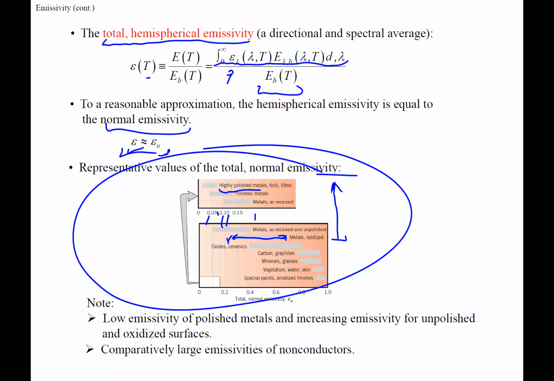The surface roughness and what it looks like there has a big play in your emissivity. And then we have some other materials like ceramics. We have special paints with very high emissivities. We have water and skin, high emissivity. In general, we have large emissivities with non-conductors, and polishing has low emissivity, which increases for unpolished and oxidized.